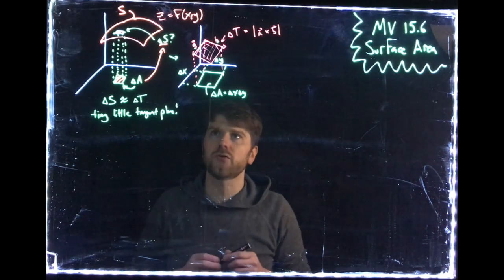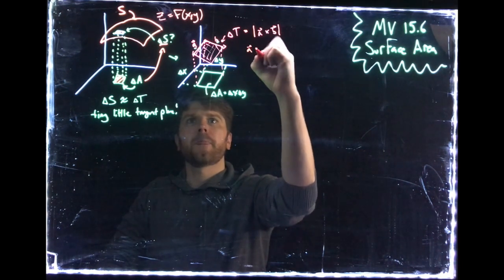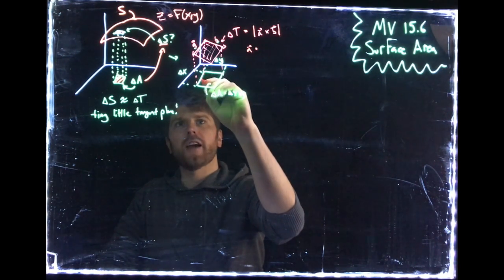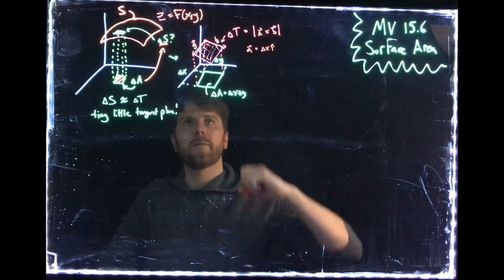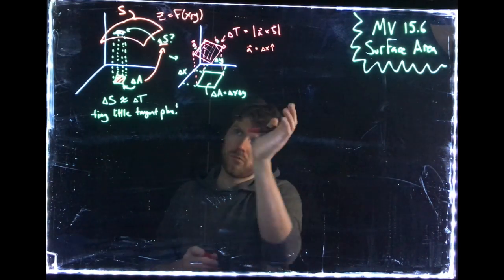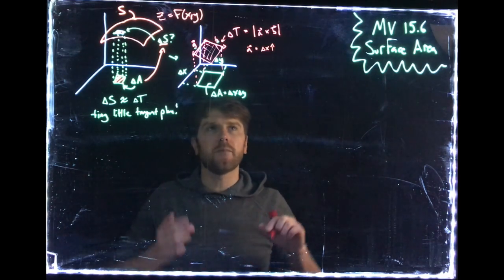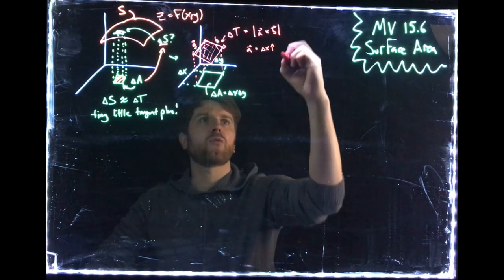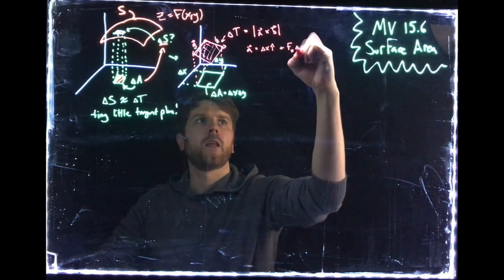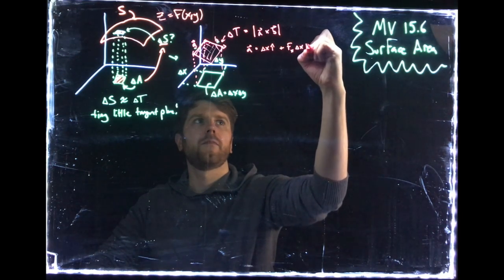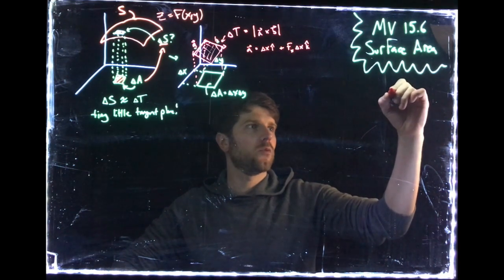Turns out that these vectors are not too difficult to find. For starters, if I look at A, it extends a distance delta x in the x direction, so delta x i hat. It doesn't have any component in y in this case. And if I want to know its z component, one way I can write this is as the x derivative times delta x. How do I know that that's the case? Well, think about what a derivative means.